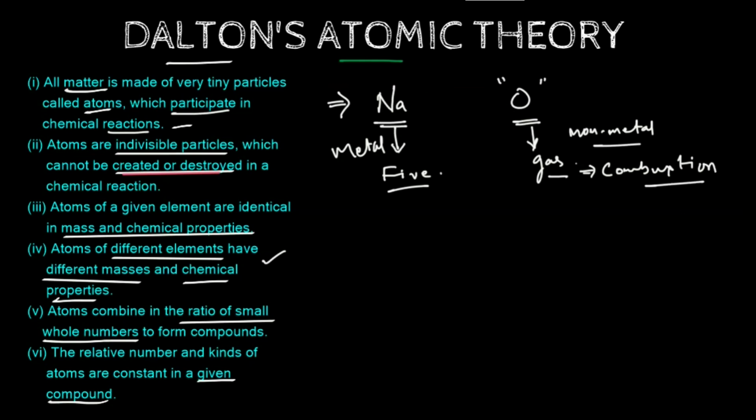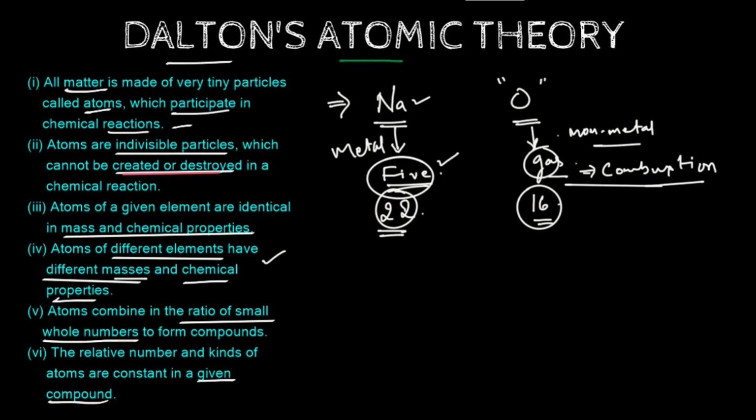A single atom of sodium has an atomic mass of 22, whereas a single atom of oxygen has an atomic mass of 16. So this postulate holds good, that atoms of different elements have different masses and chemical properties, where sodium catches fire in water, whereas oxygen can get dissolved in water. So these are the different chemical properties.